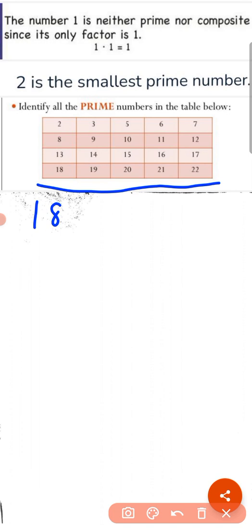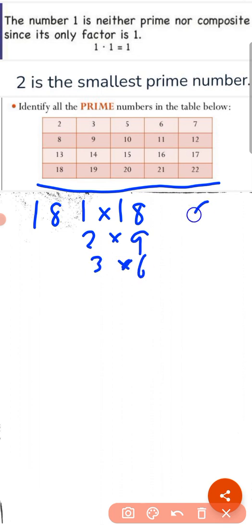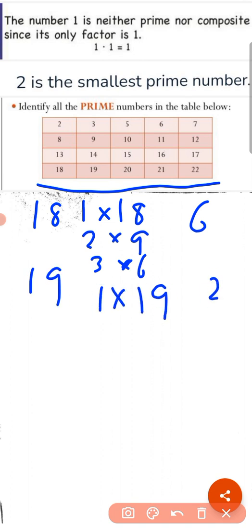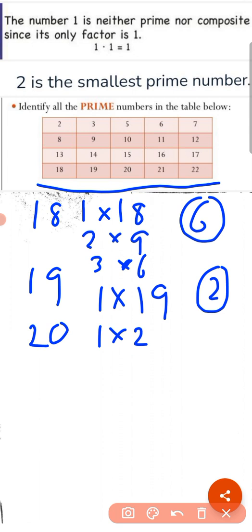18. 1 into 18, 2 into 9, 3 into 6. Number of factors 6. Next 19. 1 into 19. 2 factors. Next 20. 1 into 20, 2 into 10, 4 into 5.